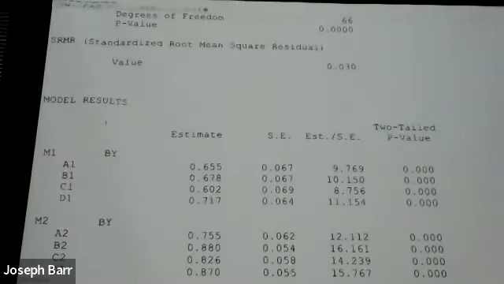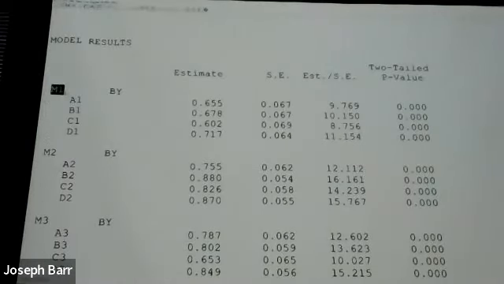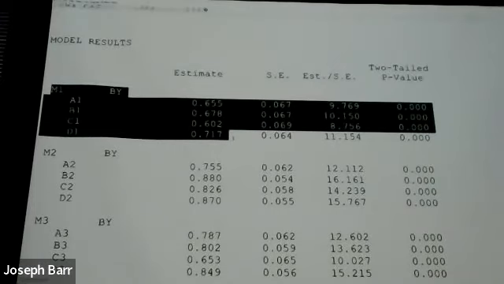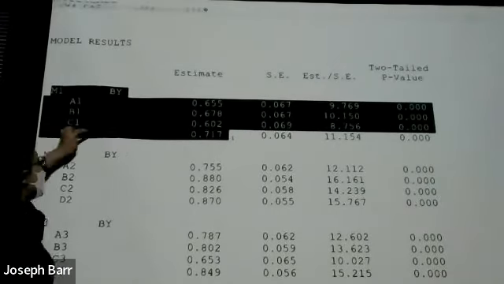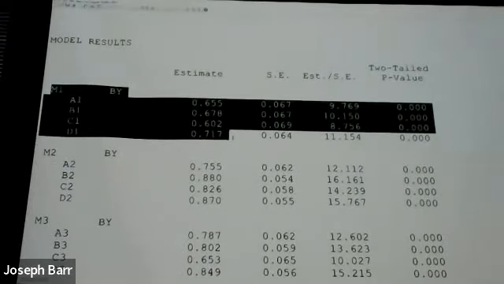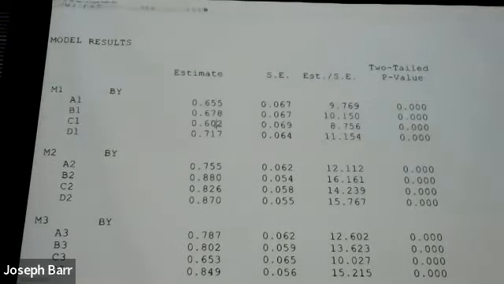So look at the result. These are numbers: 0.655, 0.678, 0.602, 0.716.